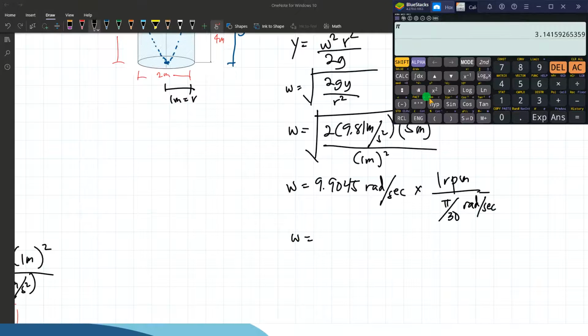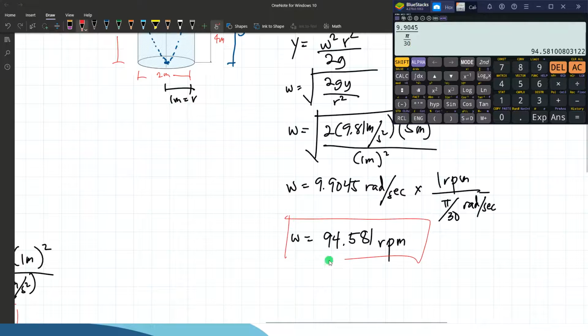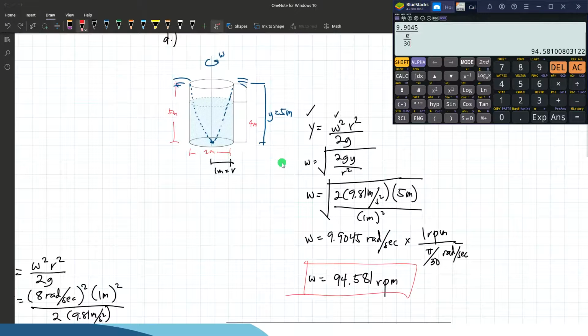So W is equal to 9.9045 divided by pi over 30, which is 94.581 revolutions per minute. So any angular velocity exceeding this value, or in rad per second, 9.9045, the vortex depth will now be greater than the depth of the container.